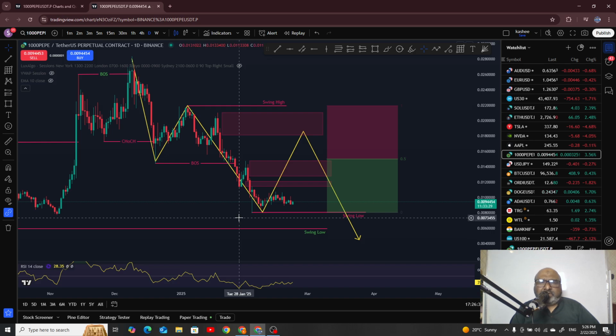But if you have sufficient experience and confidence in your strategy and confidence in reading the market, okay, you can try for these buy positions.